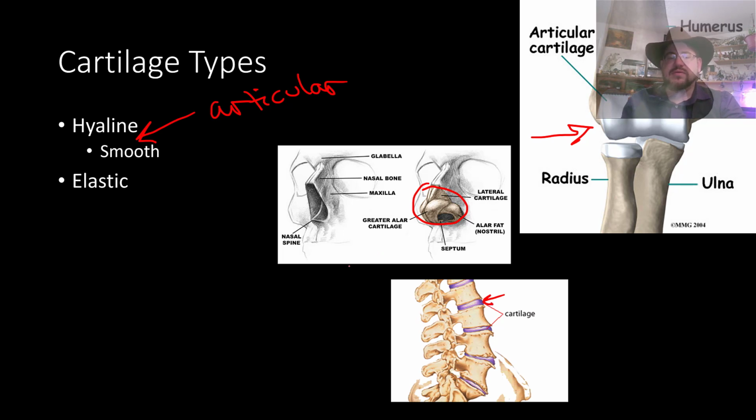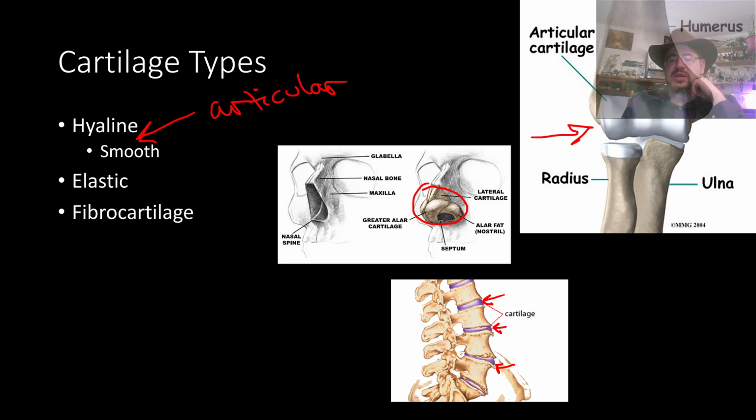Fibrocartilage is extremely dense cartilage. You only find it in a couple of spots. When people talk about the discs, like I slipped a disc or I have damage to a disc in their back, they're actually talking about these fibrocartilage discs that are between the vertebra in your spine.